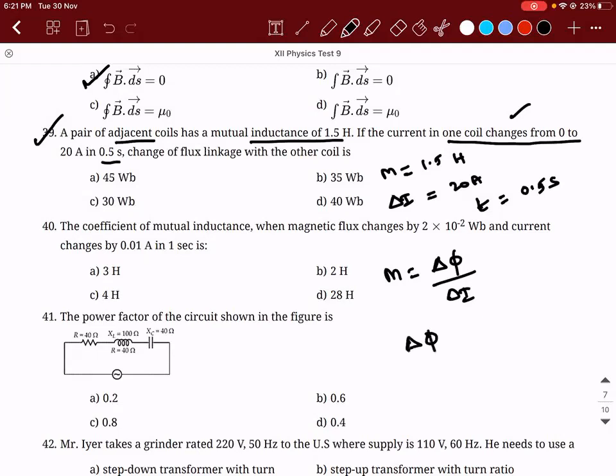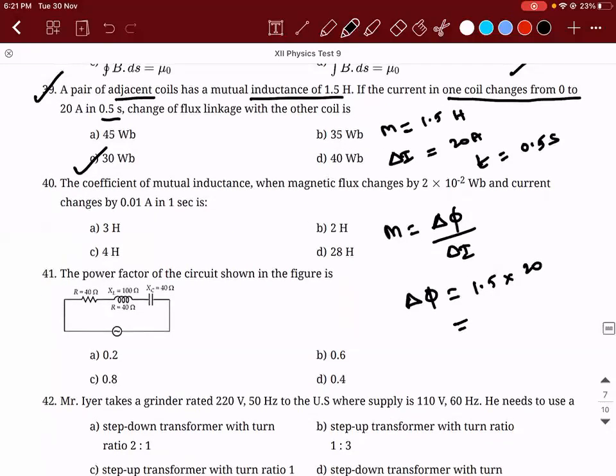So what is the value of delta phi then? It will be 1.5 into 20. So 1.5 into 20 is going to be 15 into 2, 30 Weber. Okay.